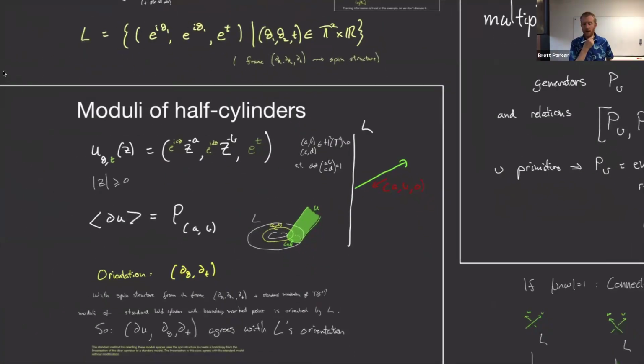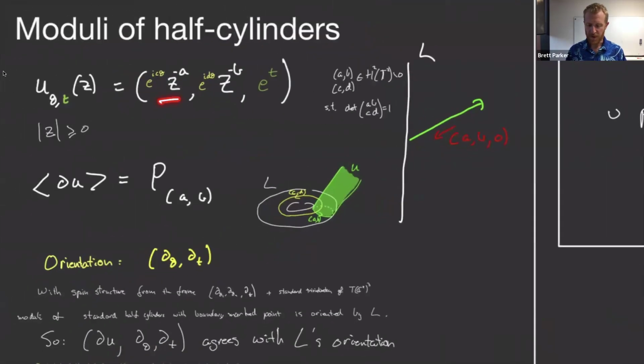In this case, there are some very easy holomorphic curves, which are just half cylinders, which are just monomial maps.